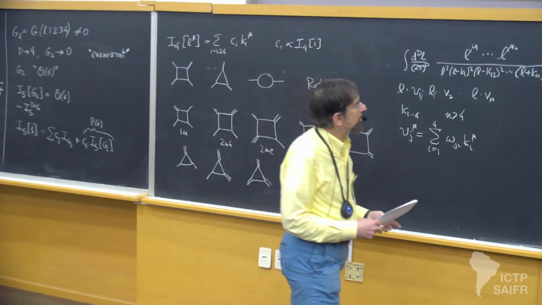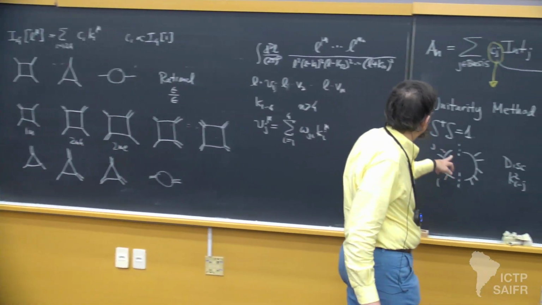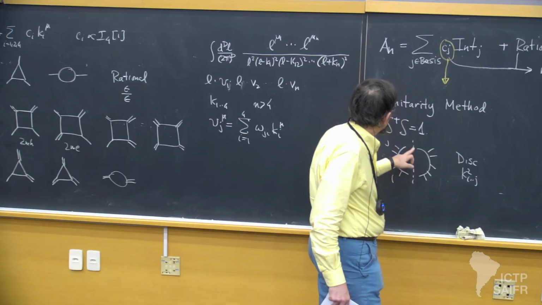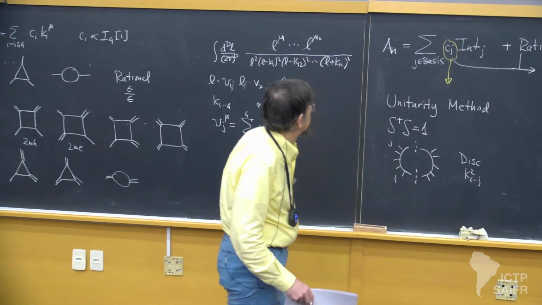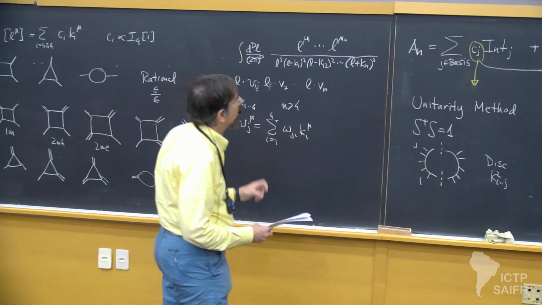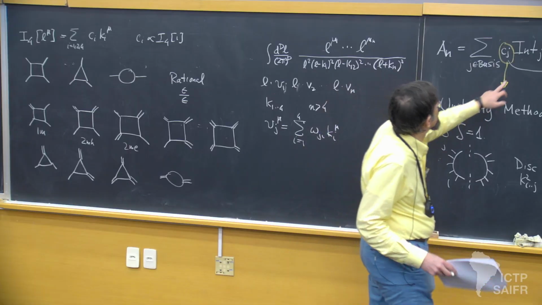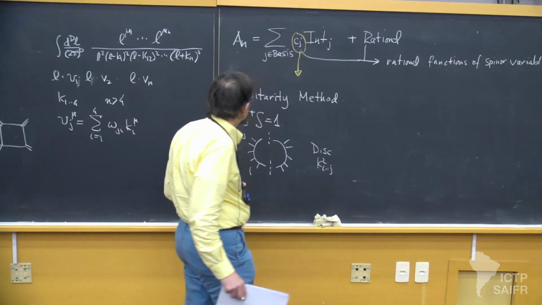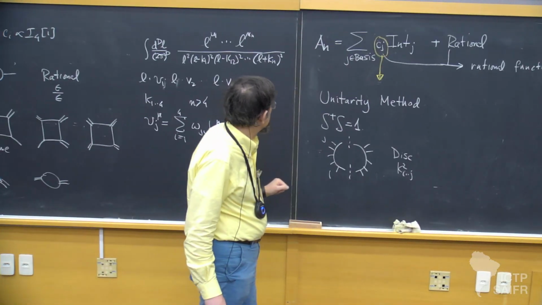So in the simplest form, then we would insist on having two specified propagators, and there'd be some number of integrals that would have them on the right-hand side.